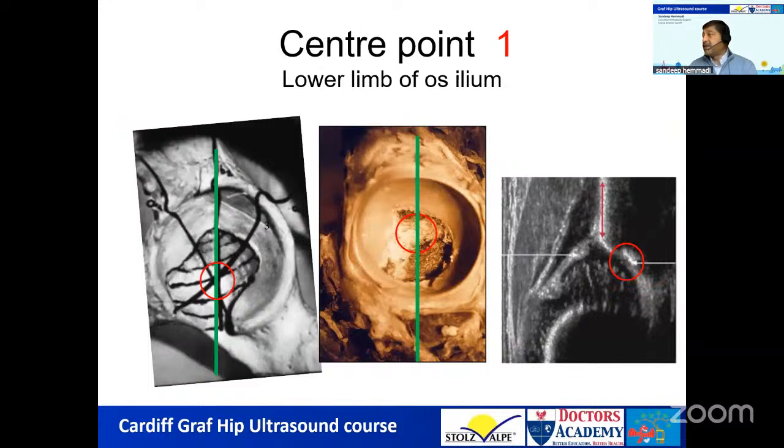So the first point in our standard plane is this center of the lowermost point of the ilium, or where the triradiate cartilage, the bony bit, ends. On the ultrasound, you can see it here, and in our bony specimen, it's in the center there.